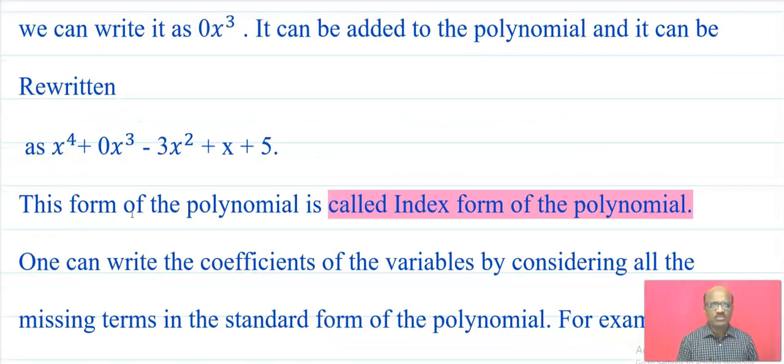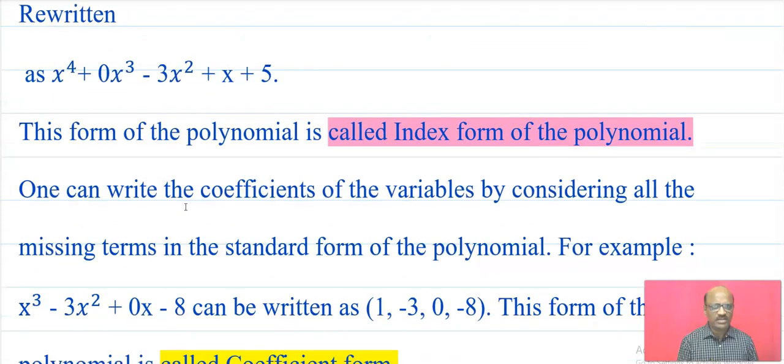This form of the polynomial is called the index form of the polynomial. It's in the decreasing order 4, 3, 2, 1, 0, and this is called the index form. One can write the coefficients of the variables by considering all the missing terms in the standard form of the polynomial.